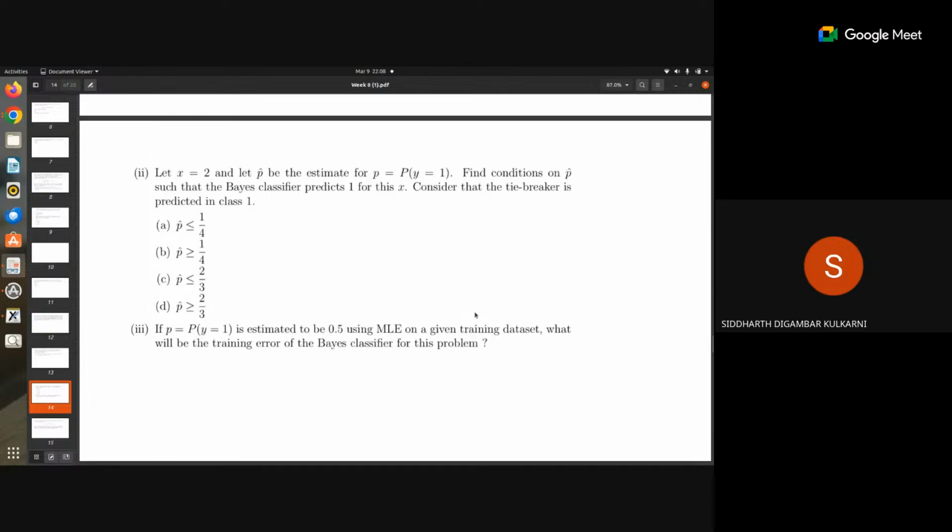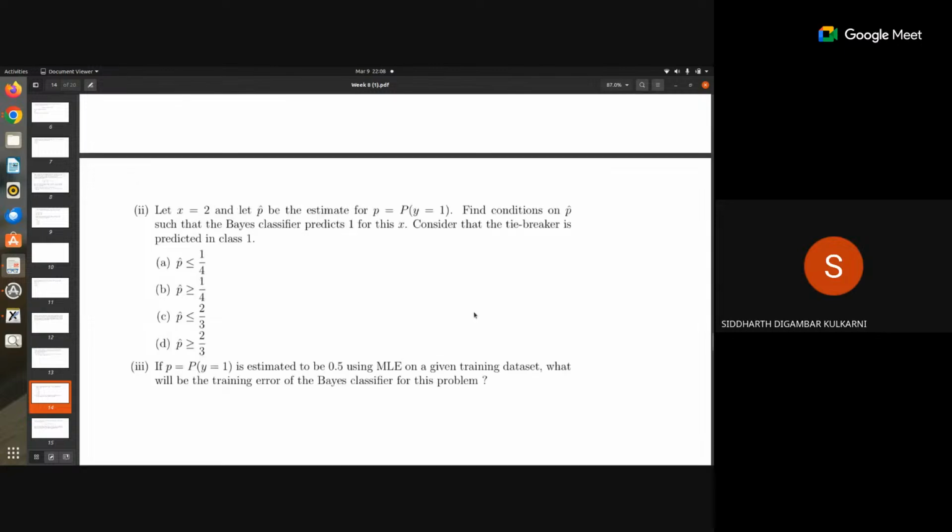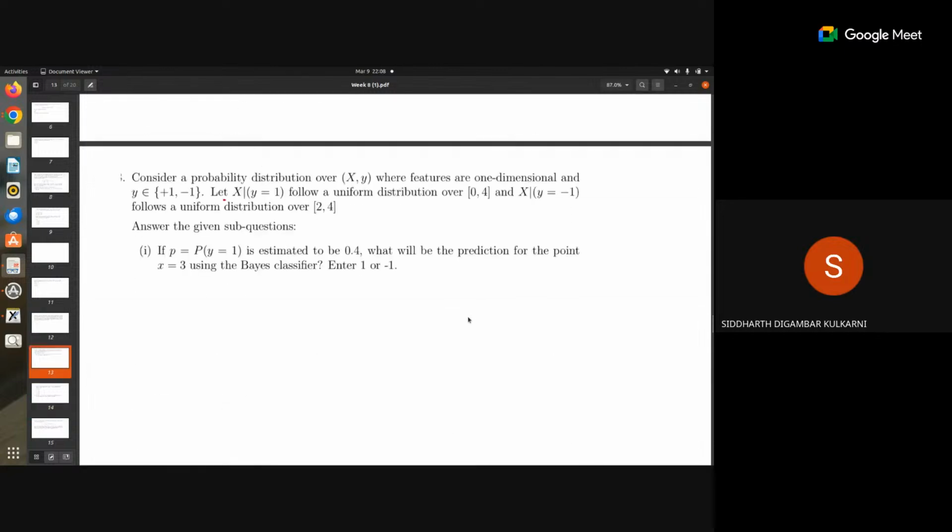The probability of 2 to 4 here will not change because it will still be -1 only. The label will still be -1 for any test data, even if the probability of y equal to 1 is 0.4 or 0.5, given the test data is between 2 and 4.